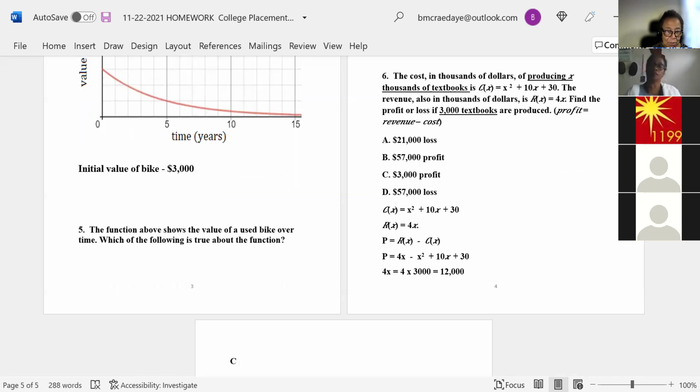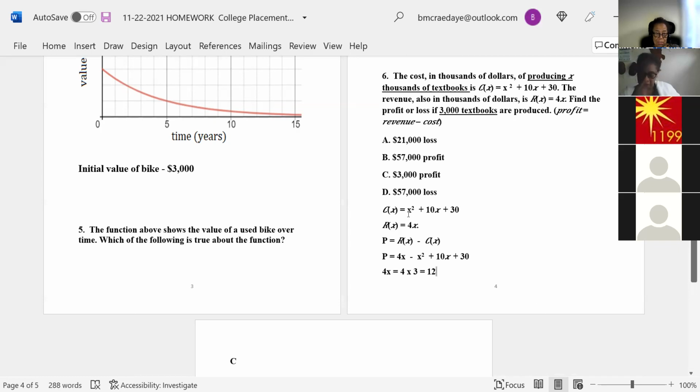We don't have to use the actual numbers. Since it says thousands, we can simplify our work and just use the 3, and then we can convert it to thousands. So that's 4 times 3 is 12, so we don't have the big numbers.